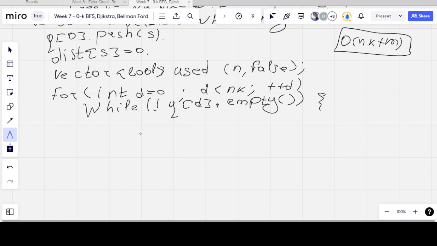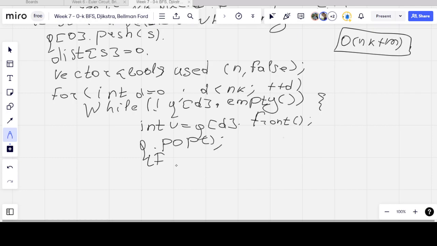We just pop a vertex from it. And if we visited this vertex before, we just continue.